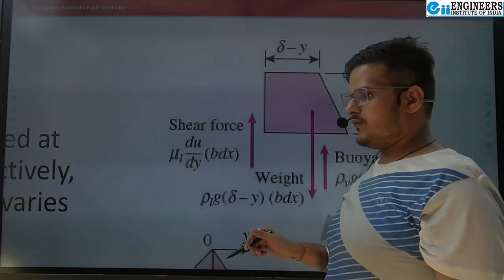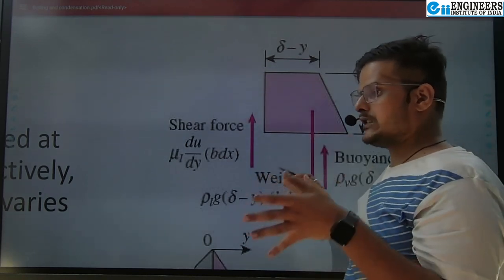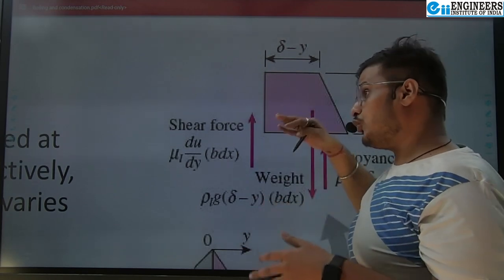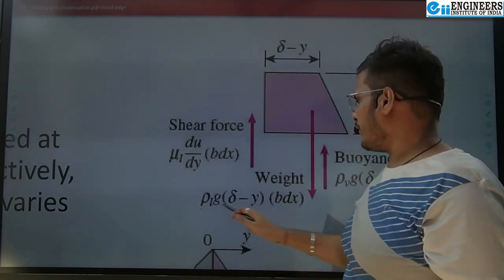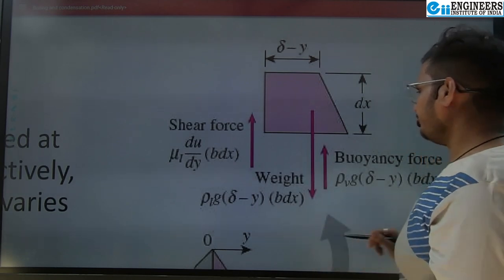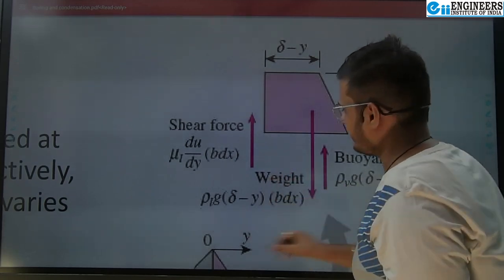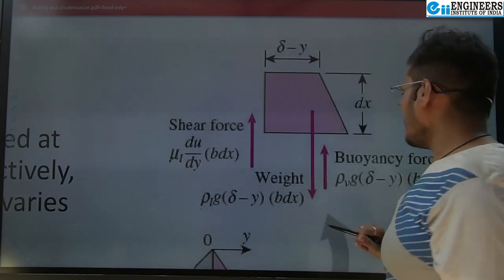What is the weight of the element? That is equal to rho g h. This is the pressure into area, the body force acting downwards, rho g into delta minus y into dA. So it is basically rho g V, where we express the volume as h into area, that is delta minus y into b dx.